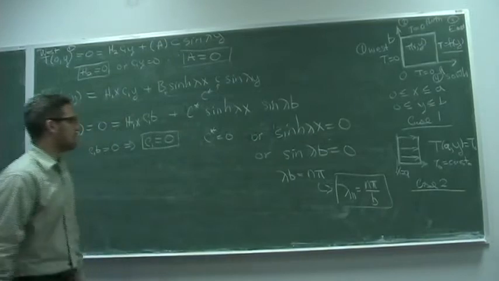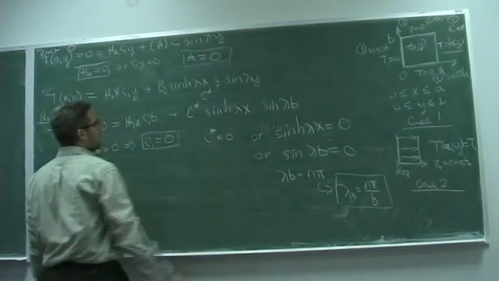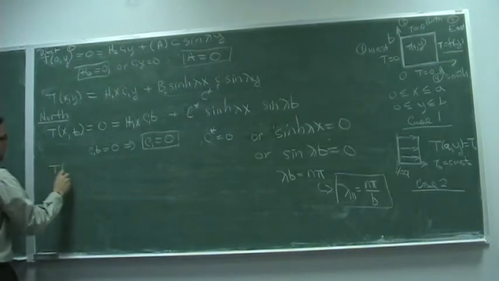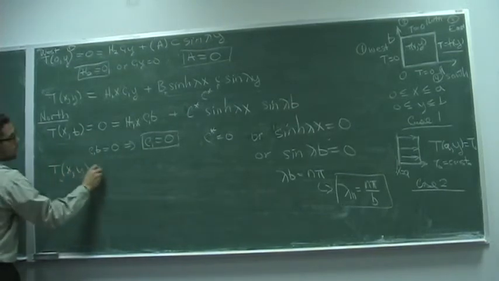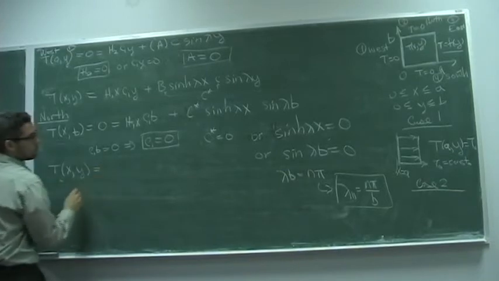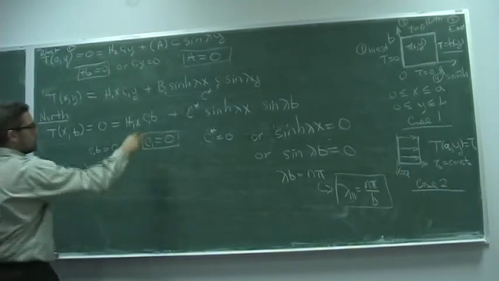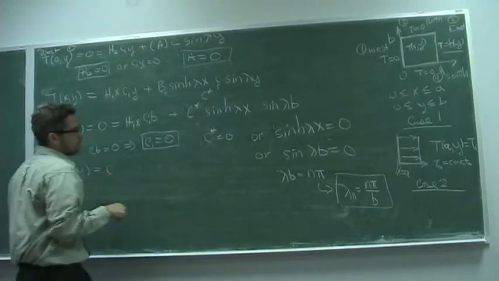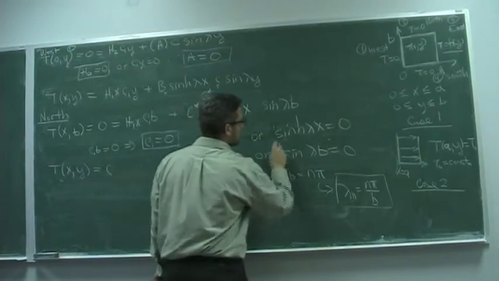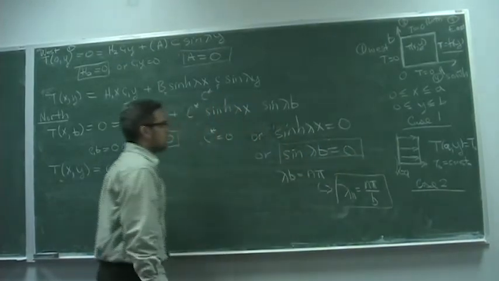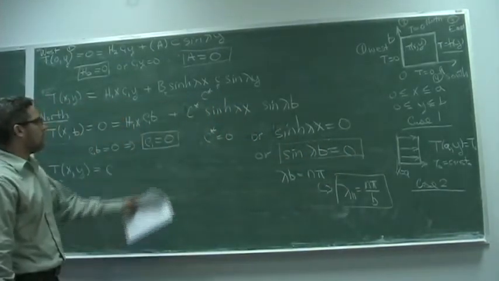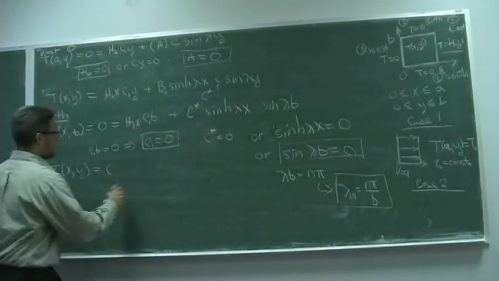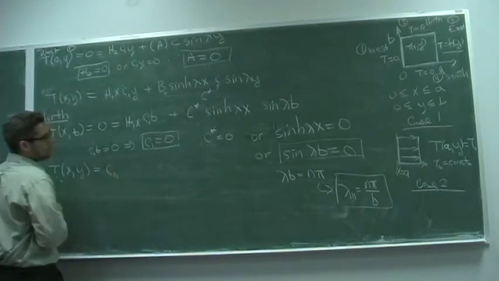If we put that in, this term is now satisfied and went away, so now we just have T of x and y equal to c star. We chose that one to be 0, so I'm going to box that. Since we have a lambda n here, we're going to change c star to c sub n.